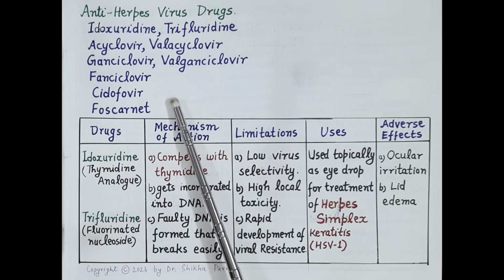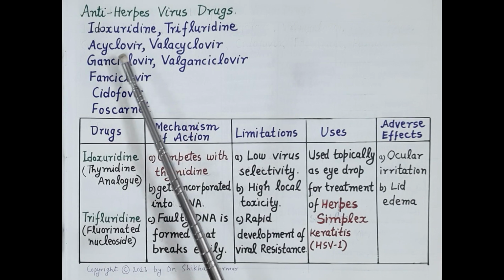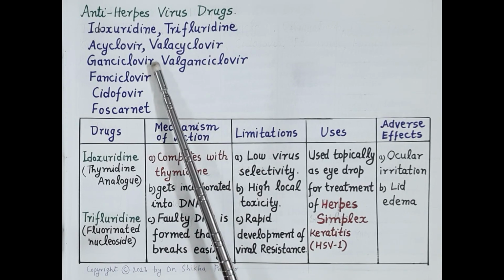As already discussed, these are the main anti-herpes virus drugs. Now, idoxuridine and trifluridine are only used as eye drops or eye ointment for the treatment of herpes simplex keratitis, that is the eye infection. Then Acyclovir and Valacyclovir, these two drugs, they effectively treat herpes simplex virus and varicella zoster virus infections.